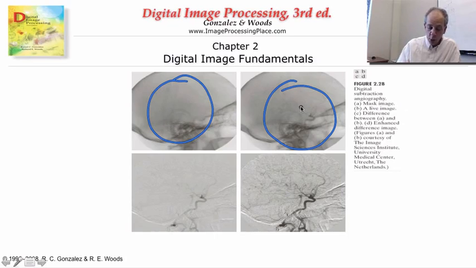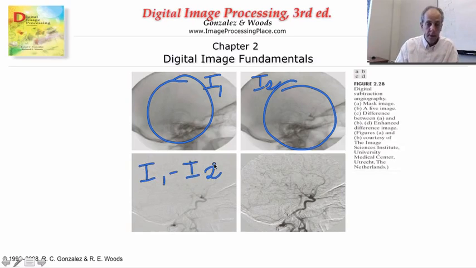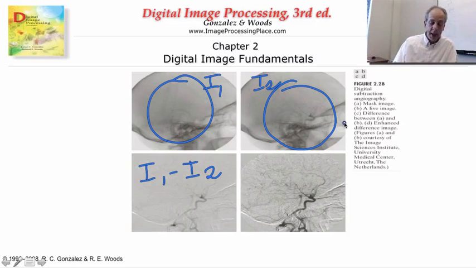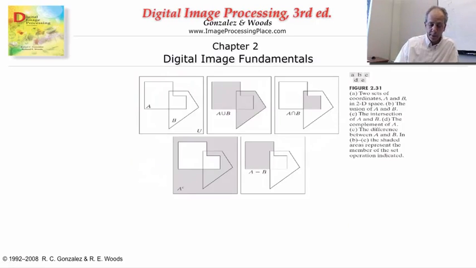So in this case, we took I1, I2, and we basically did I1 minus I2. Sometimes we take the absolute value if we don't care about the sign, and sometimes we just shift all the pixels so the negative value becomes 0. And once again, a very simple operation that can have tremendous value.